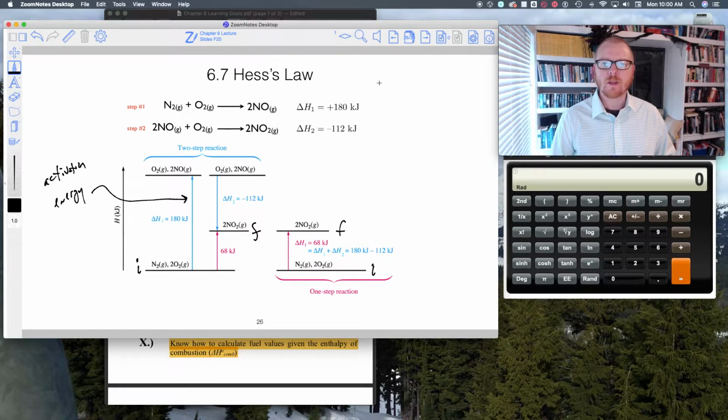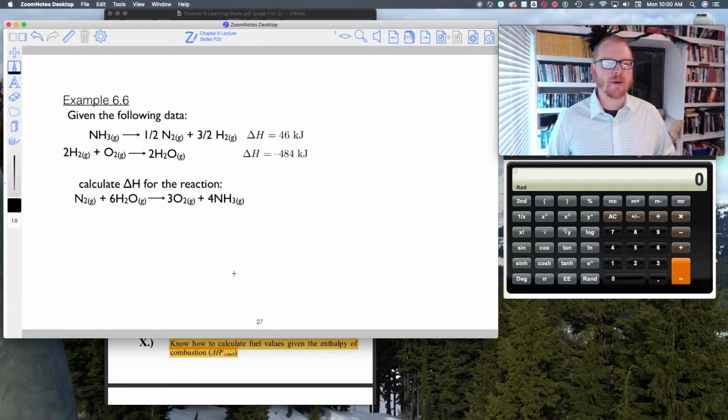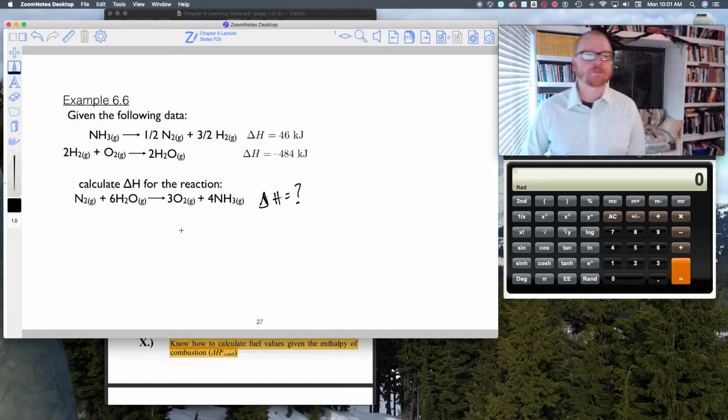Okay. So now this is a bit of an esoteric exercise, but all the same, it's a good exercise for applying Hess's law. Okay. So suppose we want to calculate the delta H for this reaction right here below. Okay. But we don't know what any of its steps are.